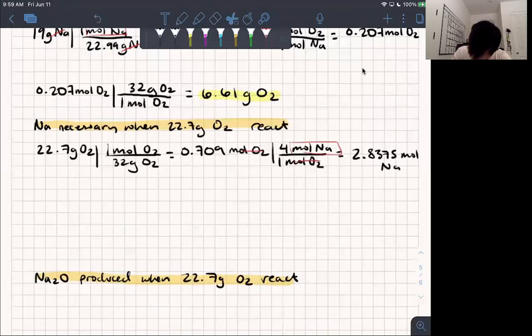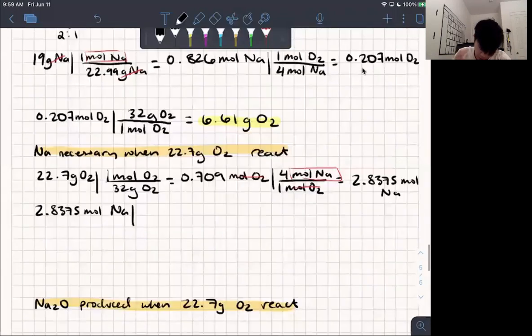So let's bring this down here. 2.8375 moles of sodium. Now we want to convert that into grams.